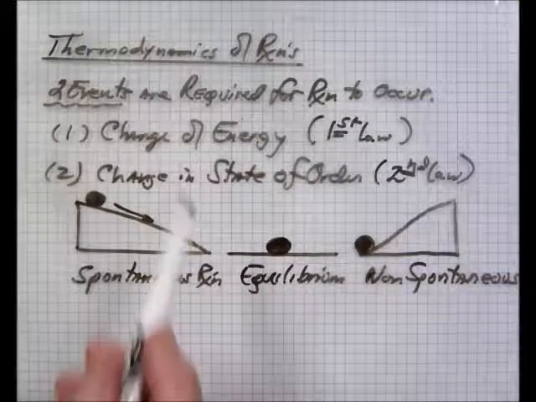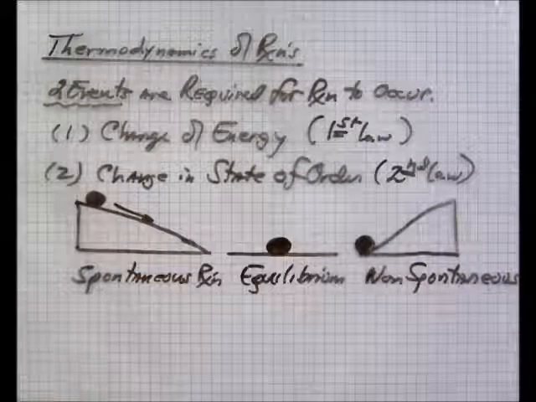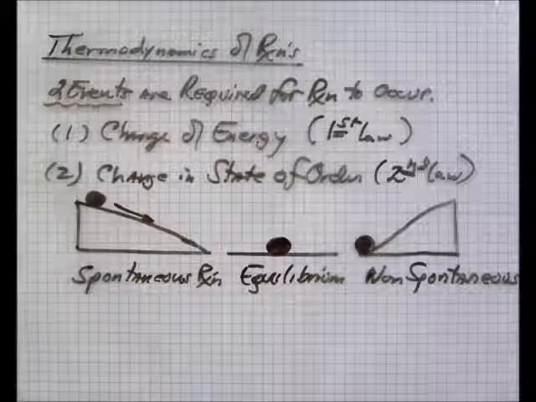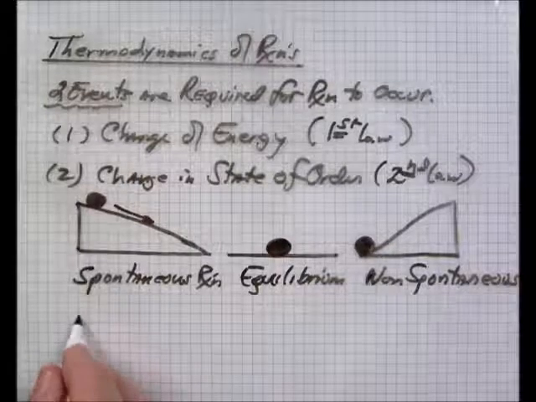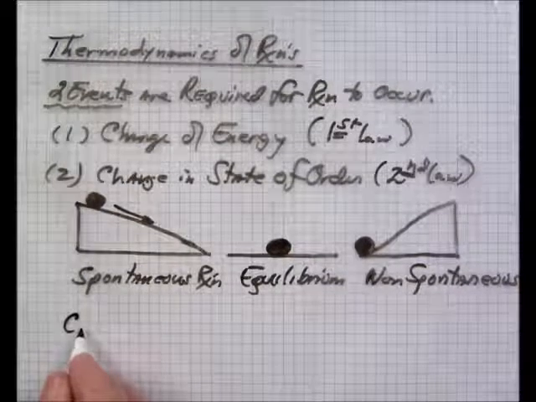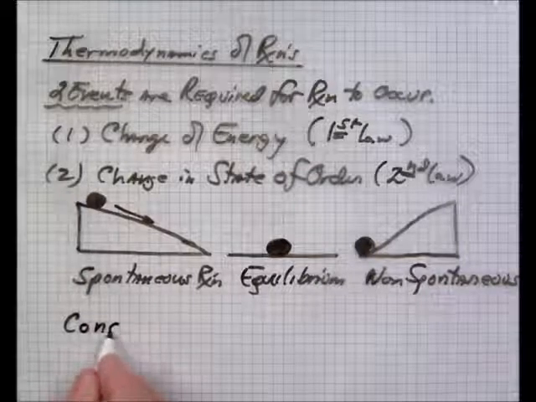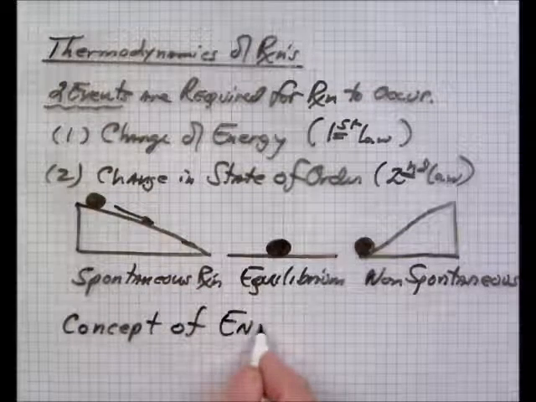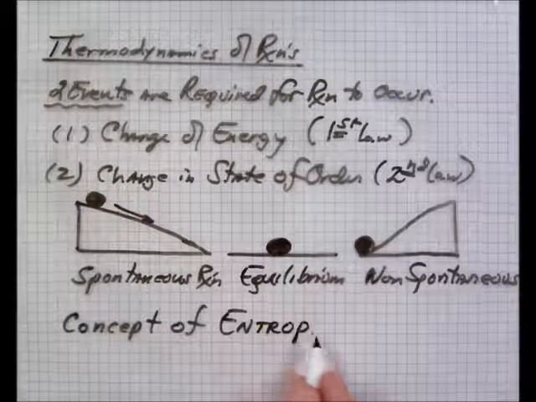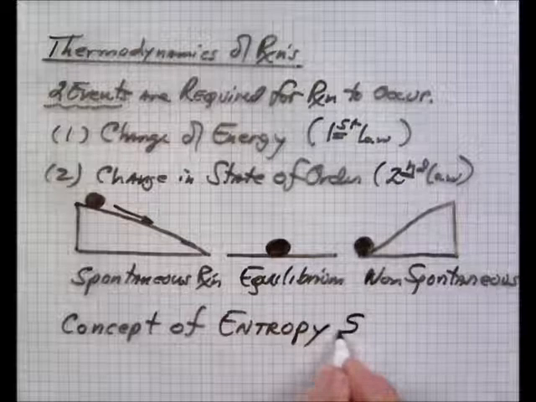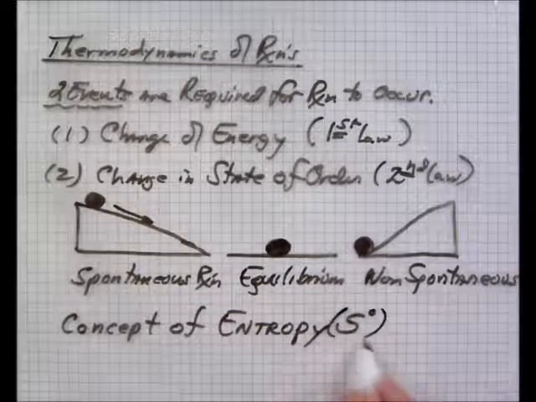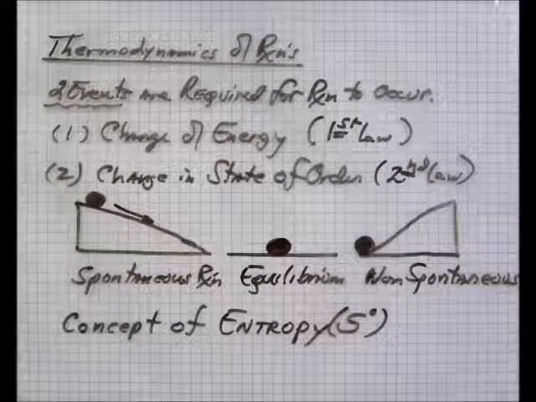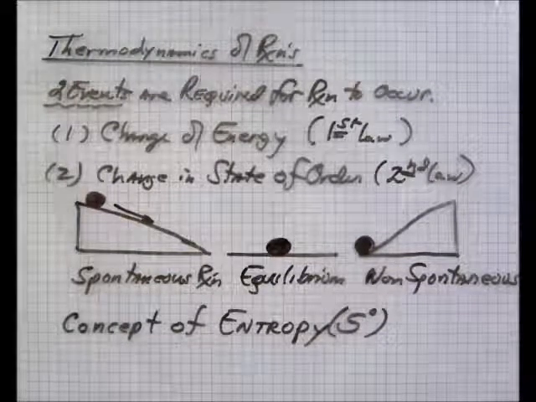Now, the second event that we need to take into account is, how do we take into account this concept of state of order? And that is the concept of entropy, E-N-T-R-O-P-Y, and it has a symbol S. Superscript means we're talking about entropies at 25 degrees and 1 atmosphere.